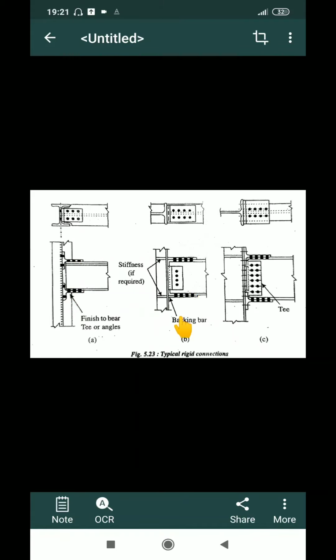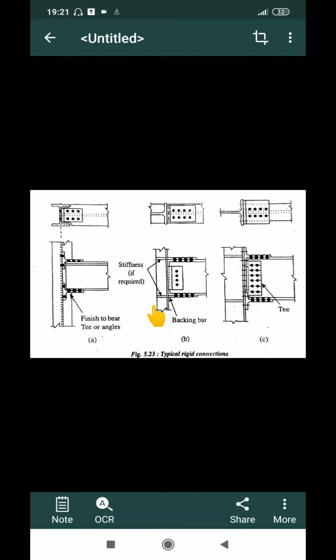Second one is where I am providing a backing bar. Backing bar in the sense, I'll provide an additional bar which will join the flange of the beam with the column. You can see this is a plate.